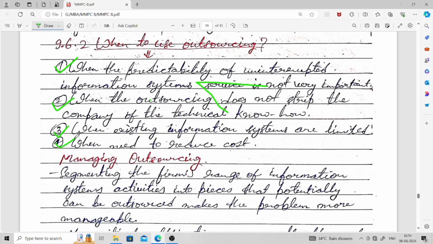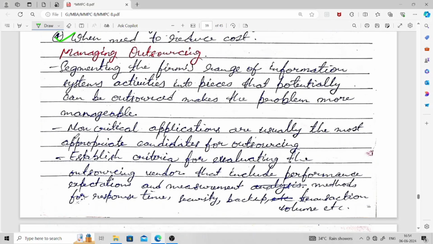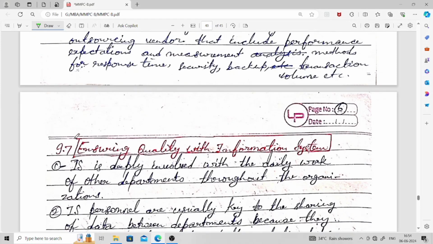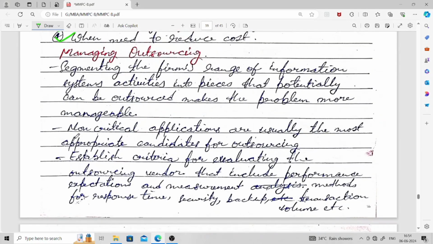Now, managing outsourcing. How should we manage the outsourcing process? First, segmenting the firm's range of information system activities into pieces that potentially can be outsourced makes the problem more manageable.